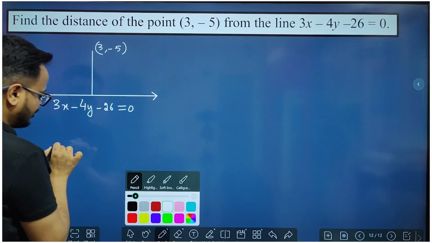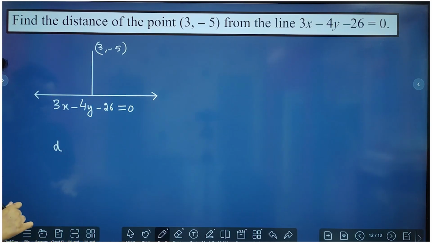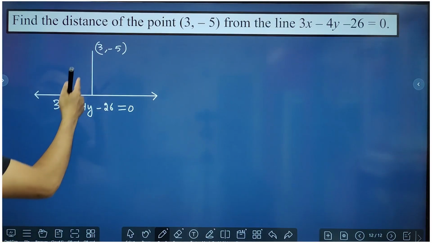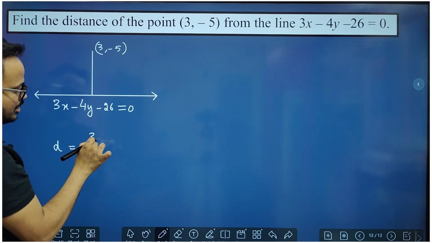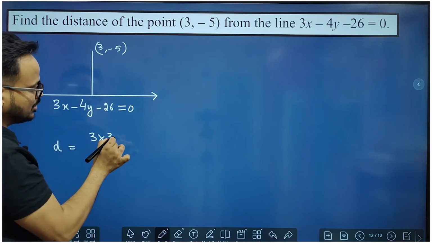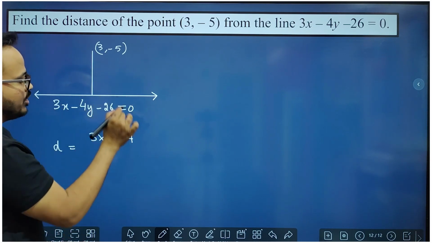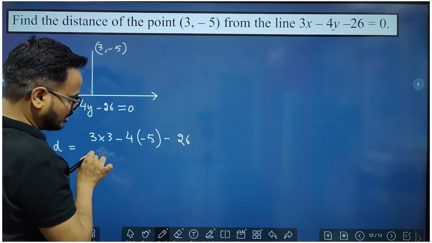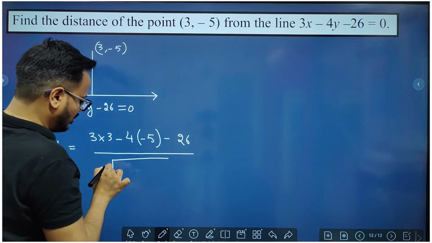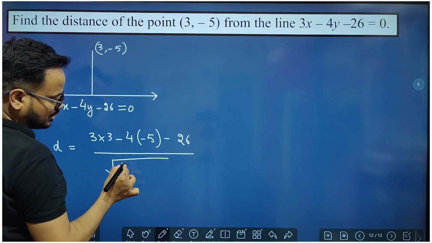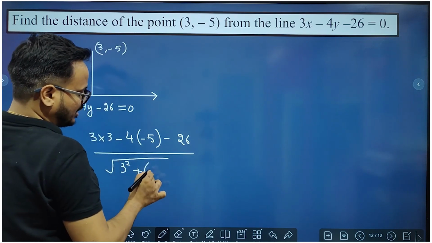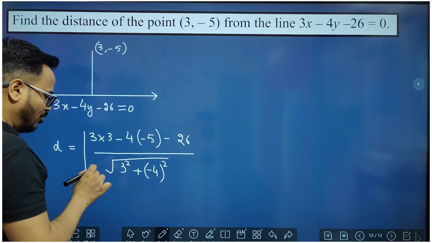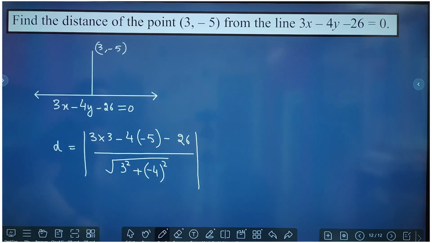So this distance is, first you will put this value: 3 into the x coordinate of the point, which is 3, minus 4 into the y coordinate of the point, which is -5, minus 26, divided by the square root of the coefficient of x squared, 3, plus the coefficient of y squared, -4, and the mod of this whole, because distance cannot be negative.